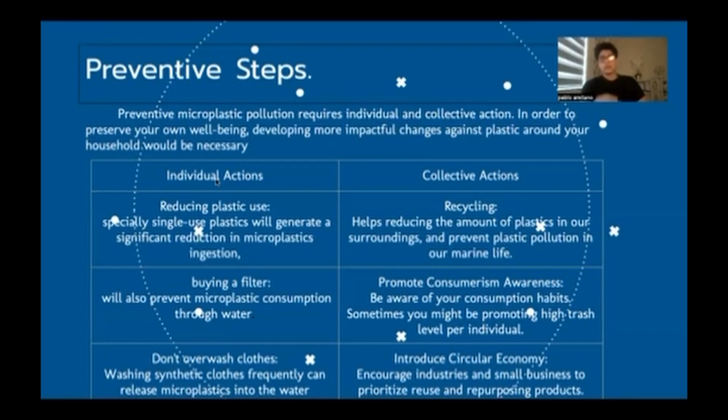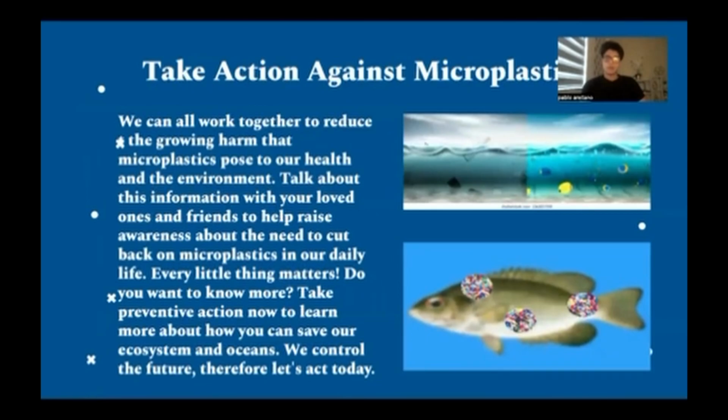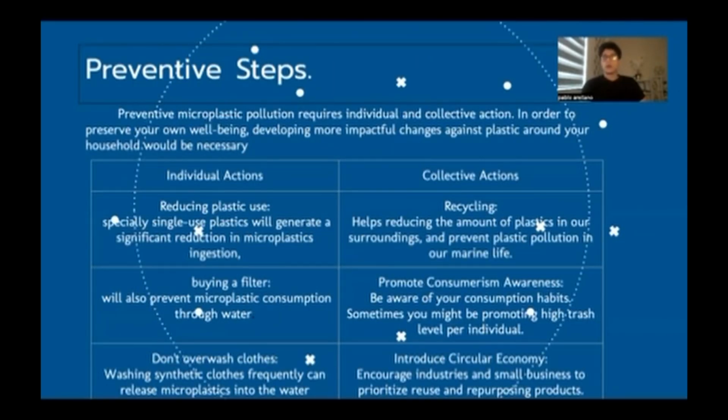For the individual actions, we have reducing plastic use, and specifically single-use plastic, which means plastic bottles or plastic bags, because this will reduce microplastic ingestion. For water consumption, buying a filter will be the best way to avoid microplastics in your water, and especially avoiding water bottles from Walmart and stuff like that.